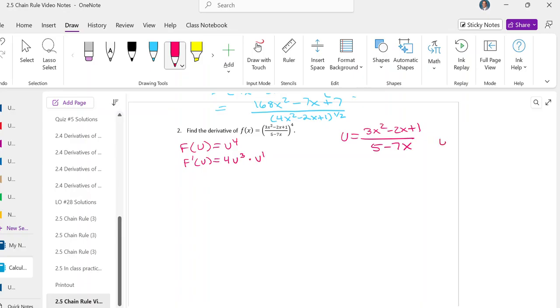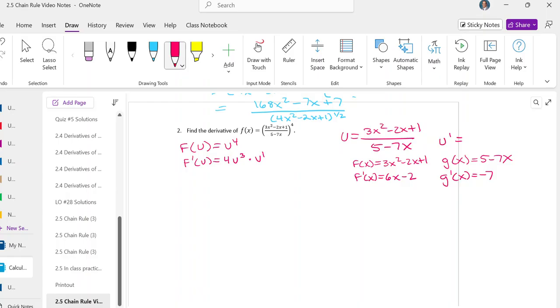Well, to find u prime here, we do the quotient rule. So f of x would equal 3x squared minus 2x plus 1. F prime of x would equal 6x minus 2. The denominator g of x is 5 minus 7x. And then g prime would be negative 7.